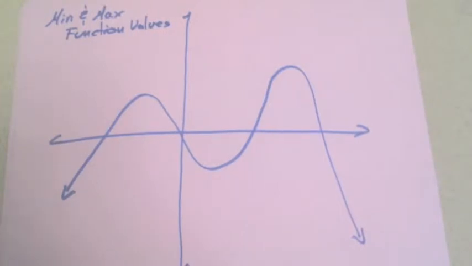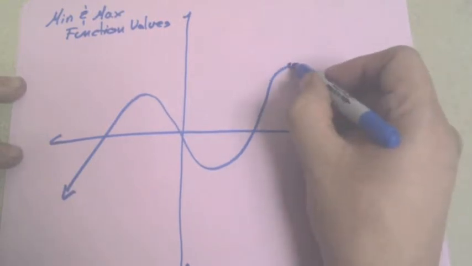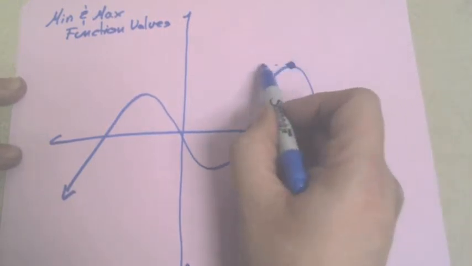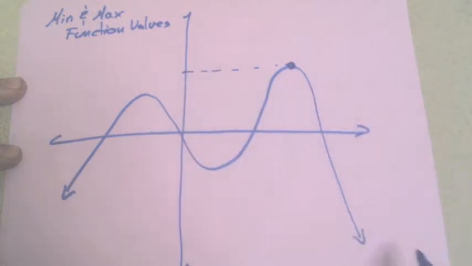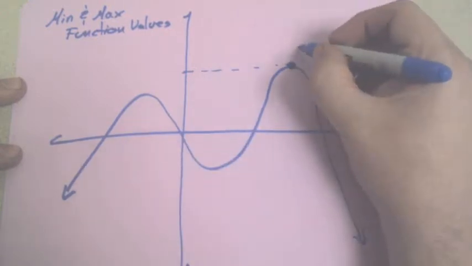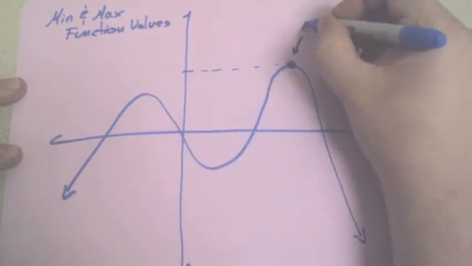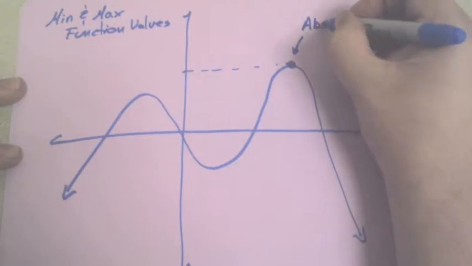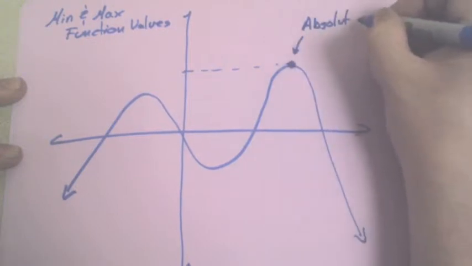So if we want to look at where the maximum y value is, well, this point here seems to have the highest y value of any other point on this graph. Because it's the highest of any of them, it's often referred to as an absolute max.